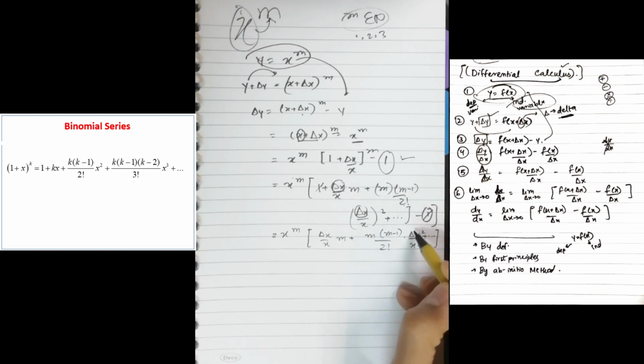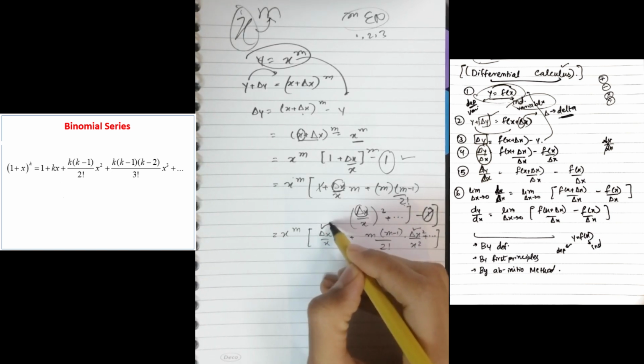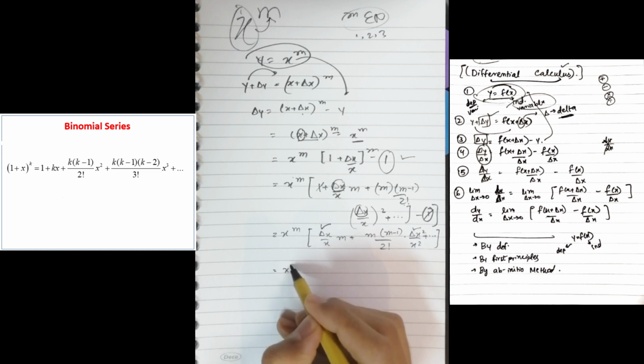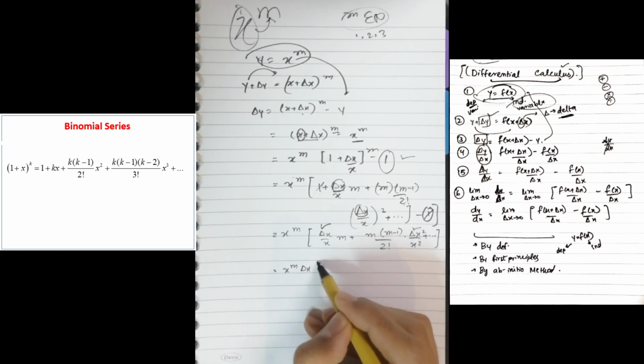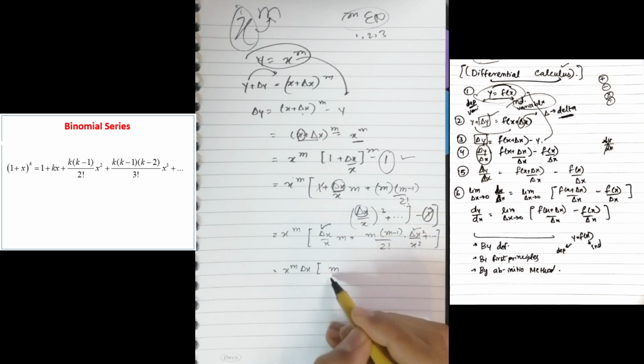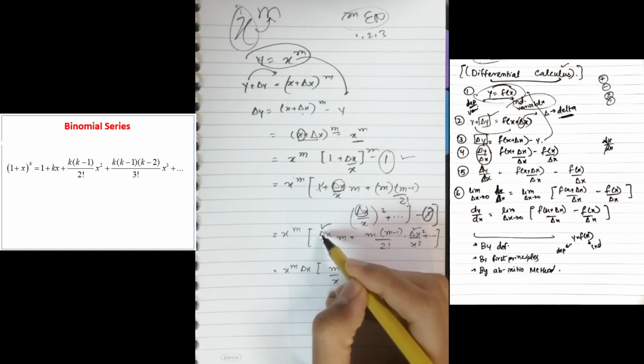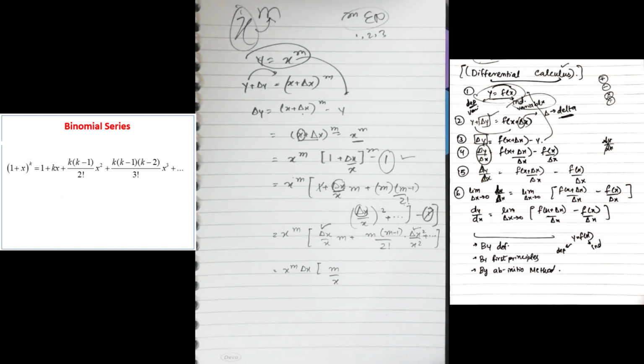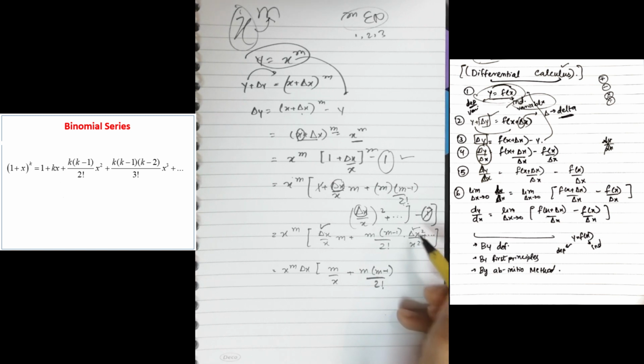Now you can see that there's a delta x over here and over here, so you can simply take out delta x common. What is remaining? m becomes m over x, because the thing remaining is 1, so m multiplied by 1 is m. So m divided by x plus m times m minus 1 divided by 2 factorial; we took out delta x common, but actually it was delta x square, so one delta x remains, and the x square stays at the bottom.